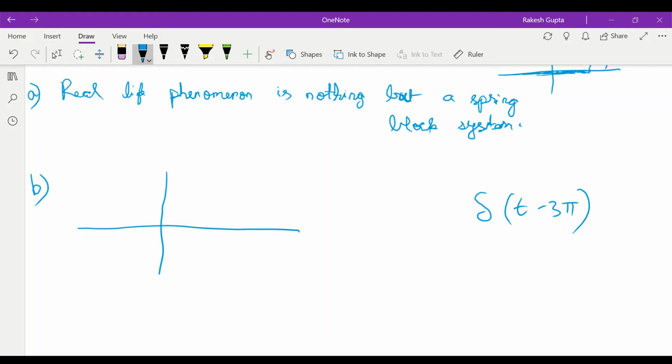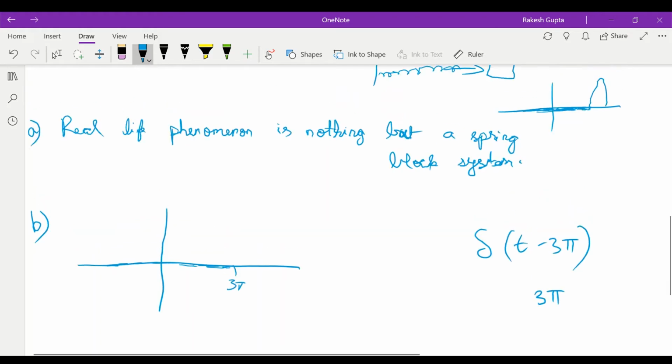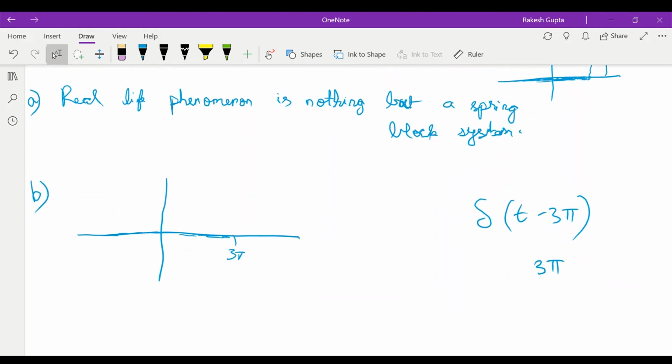It states that there is no change in the graph until 3 pi and then the movement starts. There's no change in the graph until 3 pi. And as it is a spring block system, oscillation is supposed to occur. So from 3 pi onwards, oscillation starts.